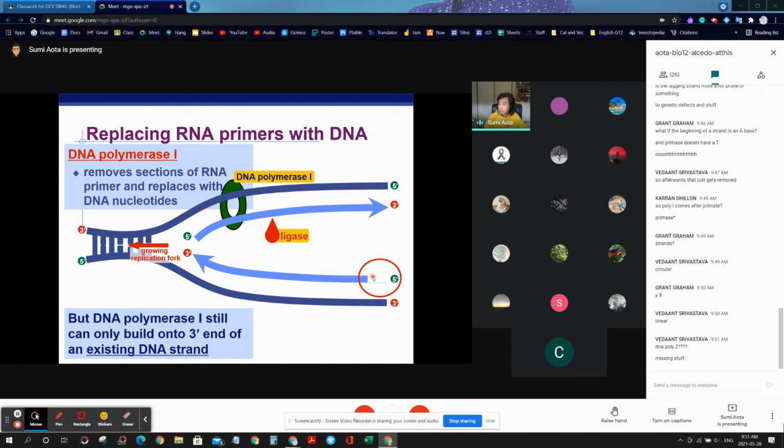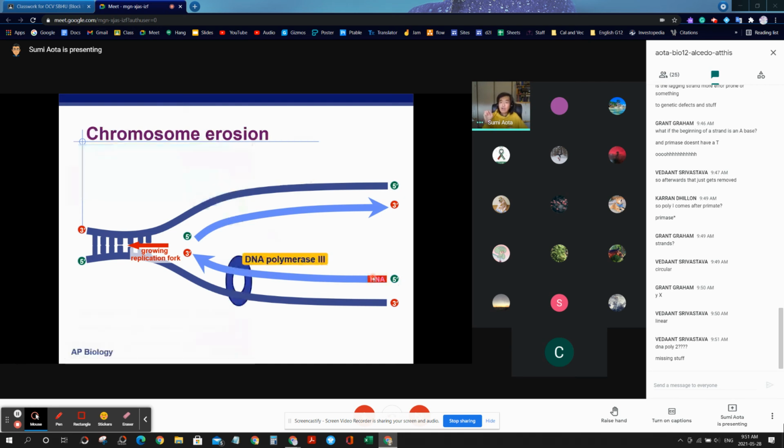So here's what basically happens. It's called chromosomal erosion. This happens in every eukaryotic cell. All DNA polymerases, it doesn't matter which one of the 15 you're talking about, or in prokaryotes which one of the 5, can only add to the 3' end of an existing DNA strand. So every eukaryotic cell has this problem.